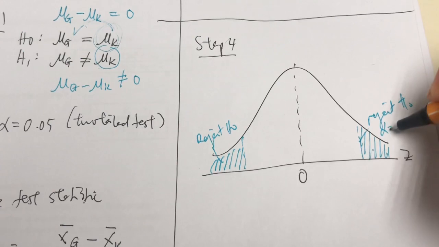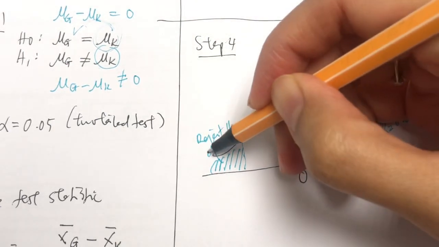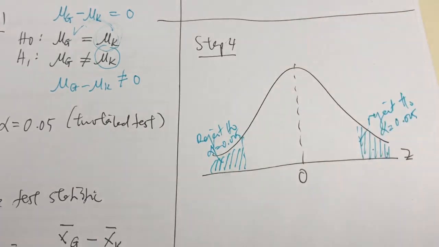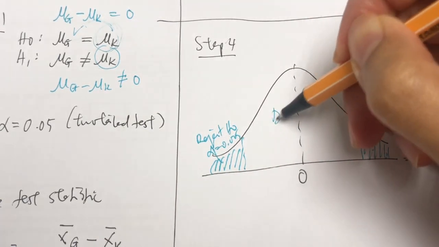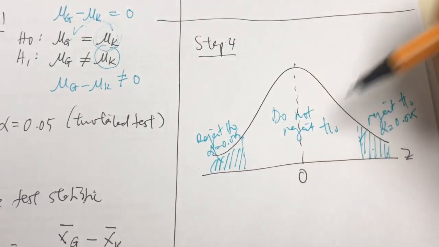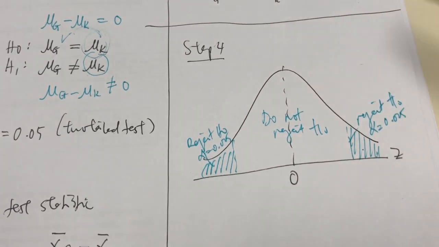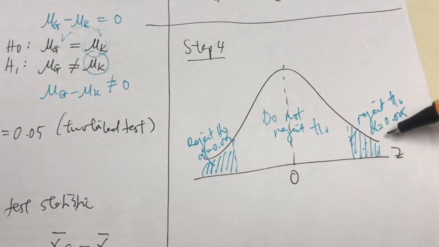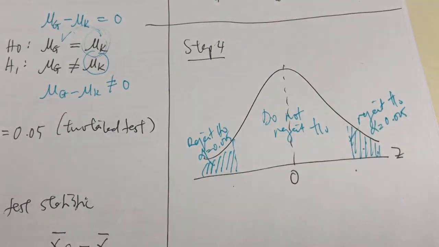So here alpha is basically 2.5% or 0.025. Alpha is 0.025. And here's our acceptance area, so we write it as do not reject the null. Since we've got 2 rejection areas, therefore we will have 2 critical values.